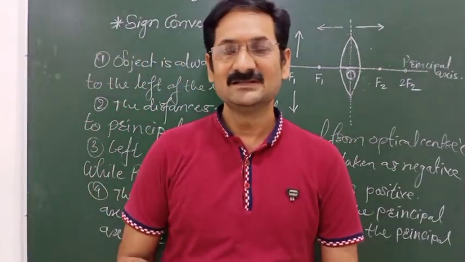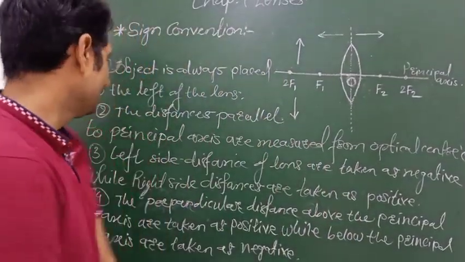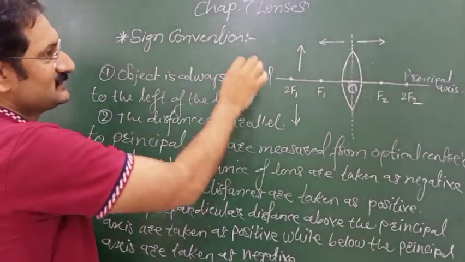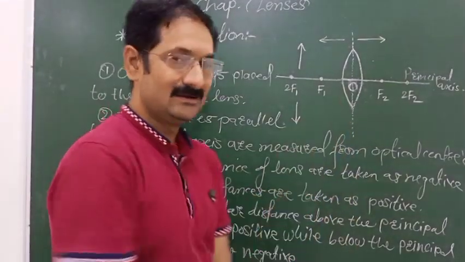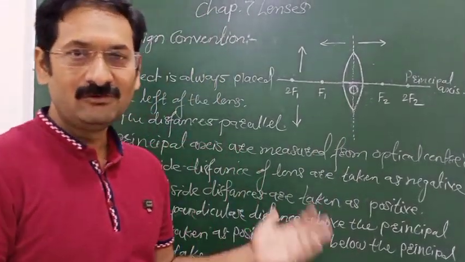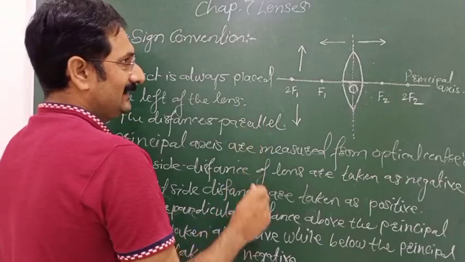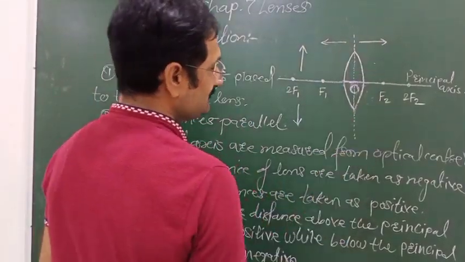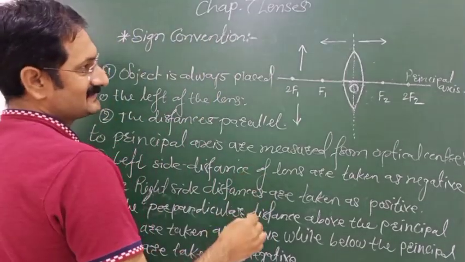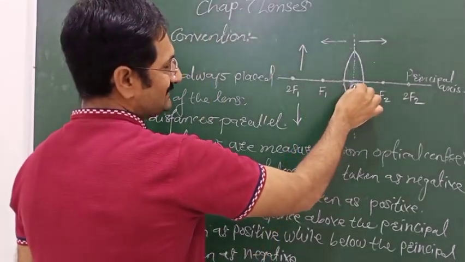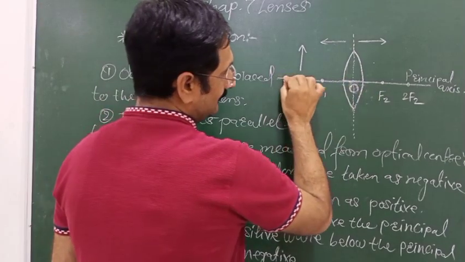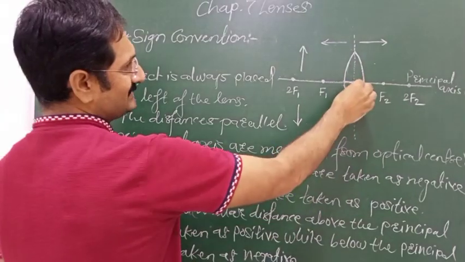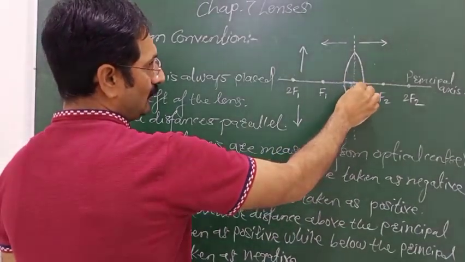So friends, these are the points for the sign convention used for lenses. I want to review it. Listen again. While measuring with the conventions for lenses, the optical center O is taken as the origin and the principal axis is taken as the x-axis.